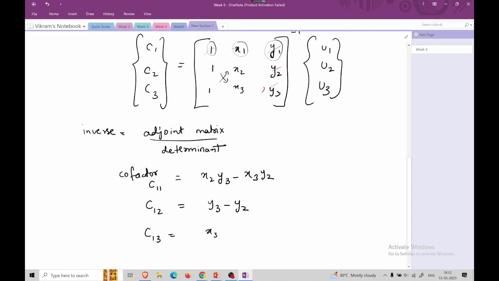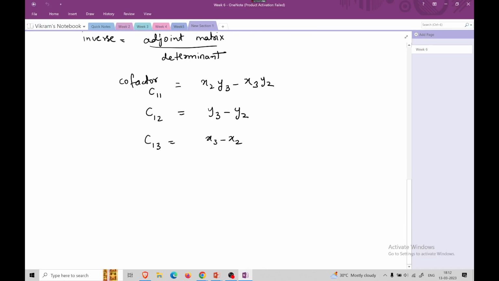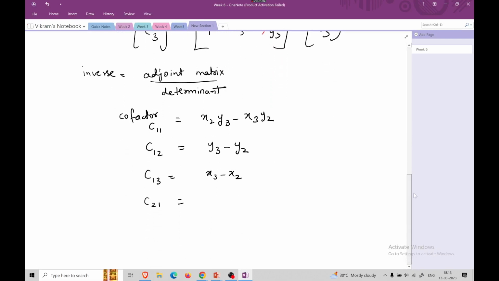It will be x3 minus x2. So similarly I can keep doing. I will quickly generalize. For C21, what will it be? You can say it will be x1 y3 minus x3 y1.